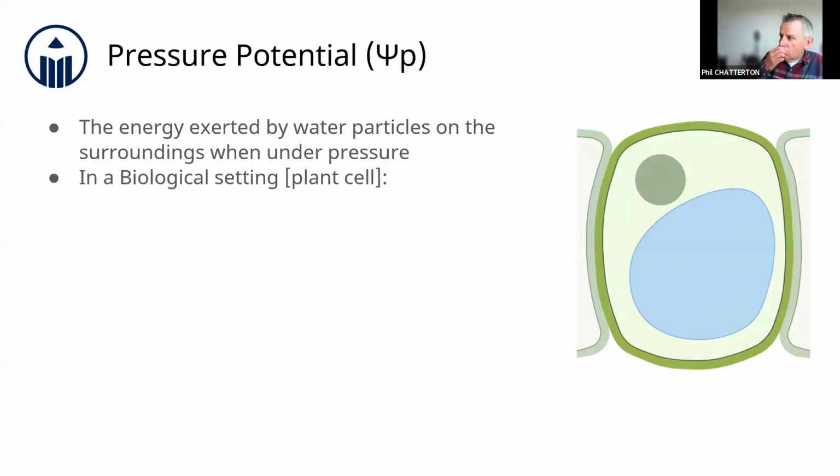So in our biological setting, the spec does concentrate more on plant cells than it does on animal cells in this topic, because animal cells don't have the physical protection afforded by a cell wall.